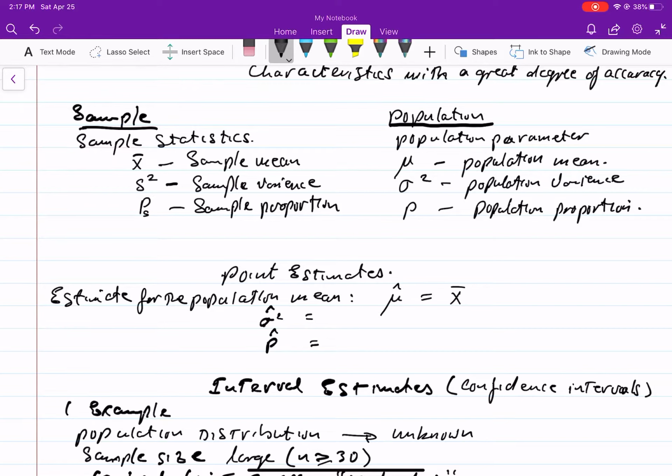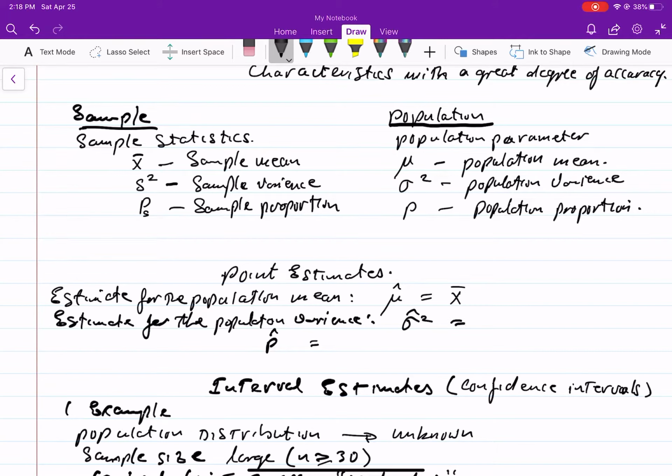The second one is the estimate for the population variance. That's sigma squared hat. You put the hat on it when you're trying to estimate the population value.